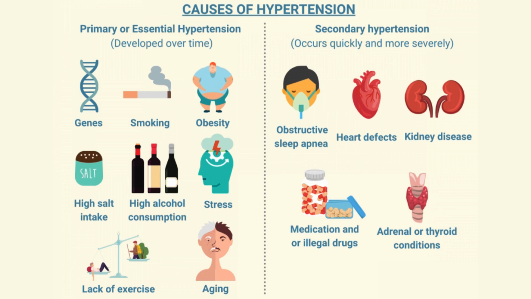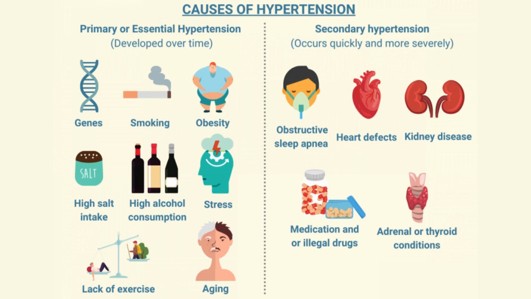Next, secondary hypertension. Secondary hypertension is due to a disease condition. For example, renal diseases, endocrine disorders, then neurological disorders such as brain tumor. Next is sleep apnea.